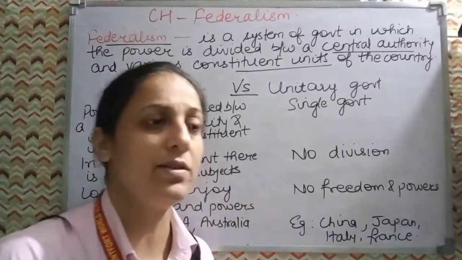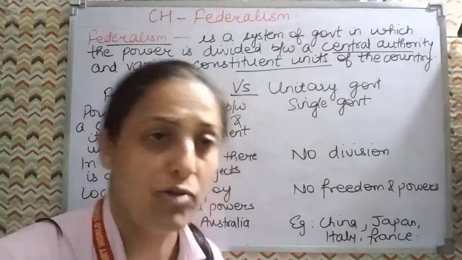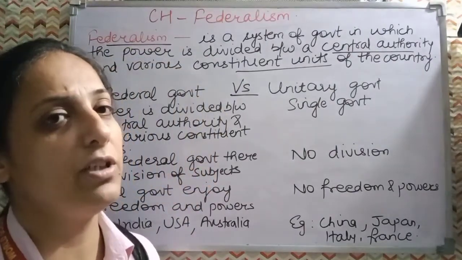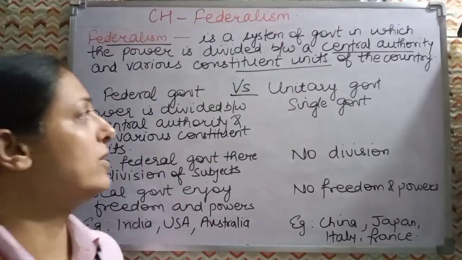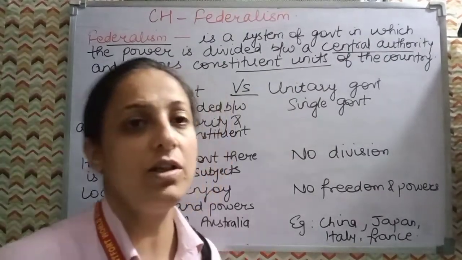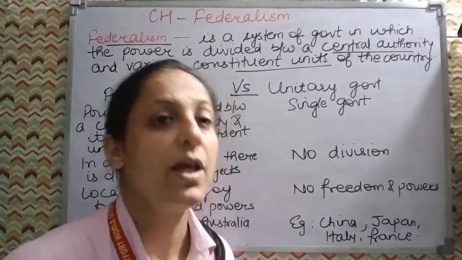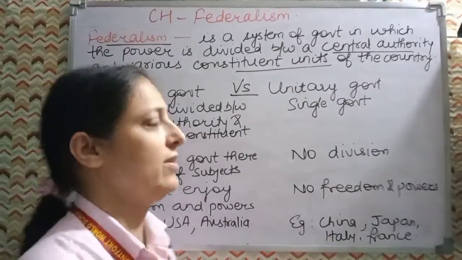In the federal government, the state governments have their power which is given to them by the constitution. So in a federal system, the central government and the state government derive their authority from the constitution. But in a unitary government, the subordinate or provincial governments derive their authority as delegated by the central government.